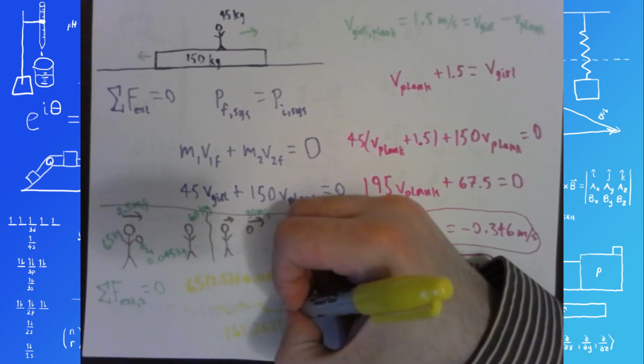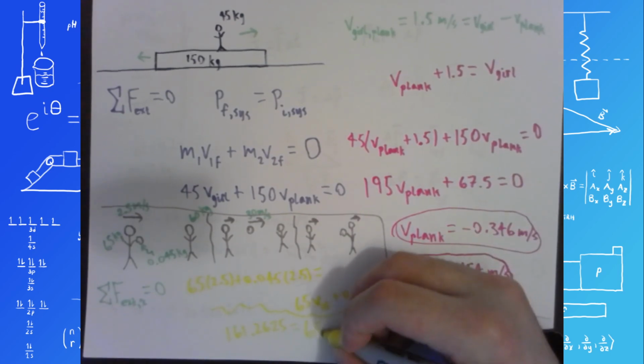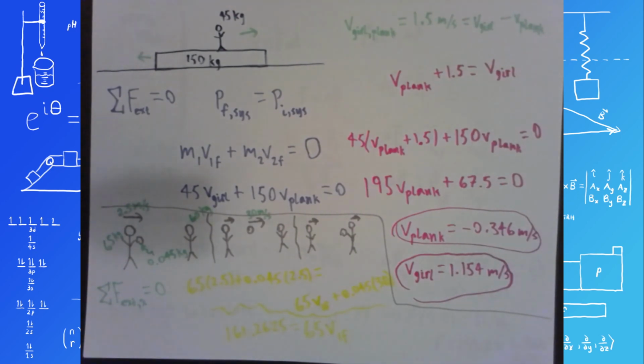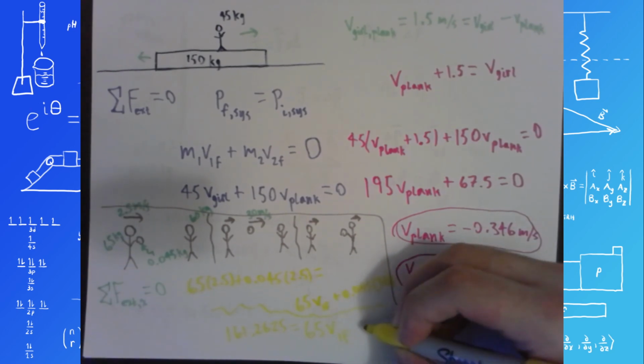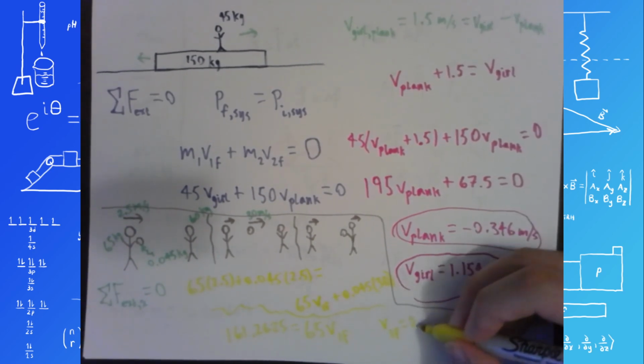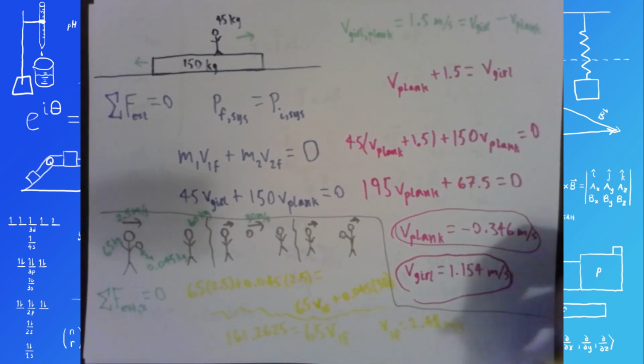161.2625 equals, let me wall this off, equals 65 times V1 final. If I divide by 65, I get about 2.48. So barely even slowed down. I'm getting V1 final equals 2.48 meters per second.